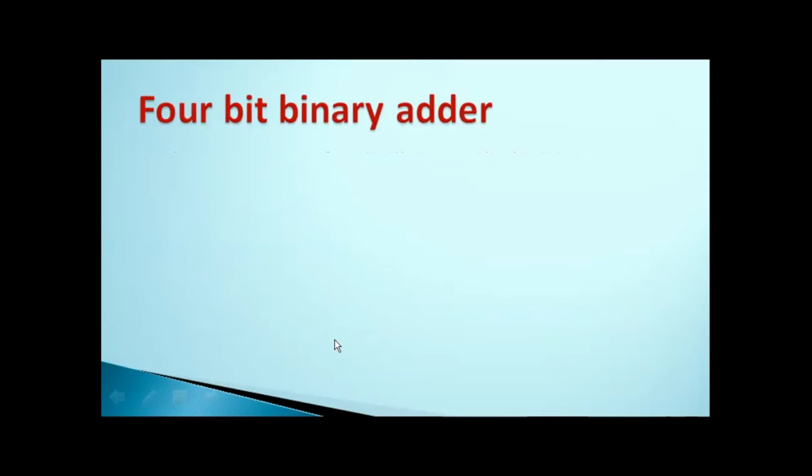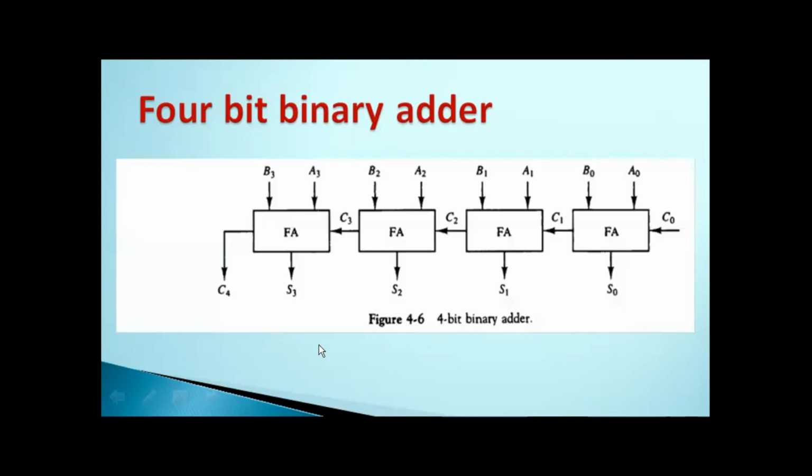Now we will discuss 4-bit binary adder. This is the circuit diagram of 4-bit binary adder. This 4-bit binary adder circuit is constructed by full adders. These are the carries C0, C1, C2, C3.